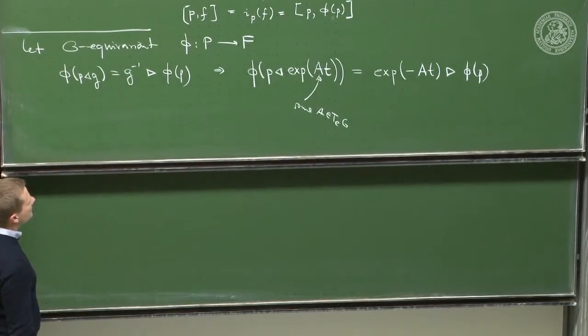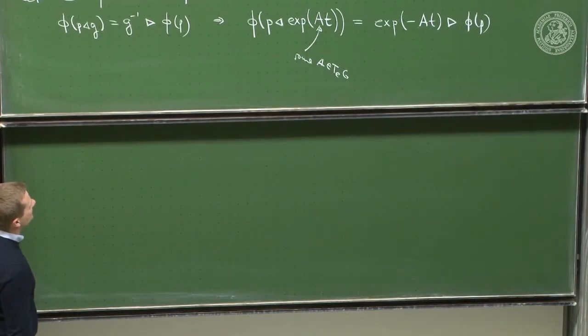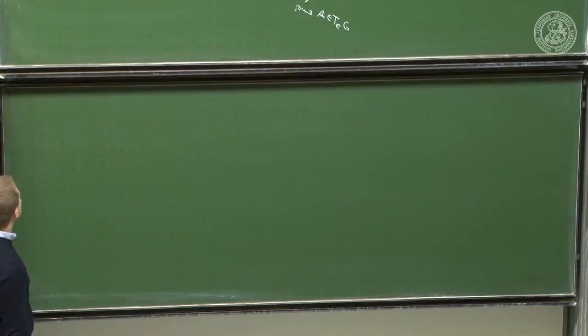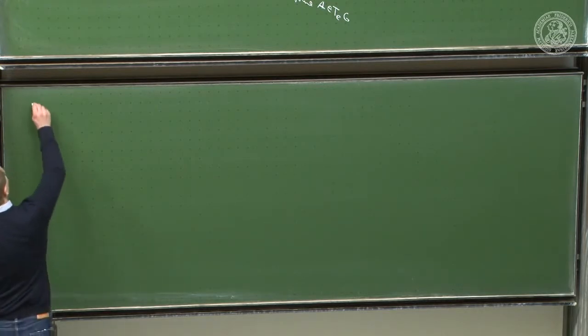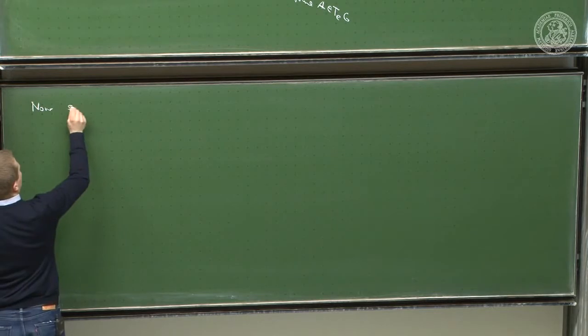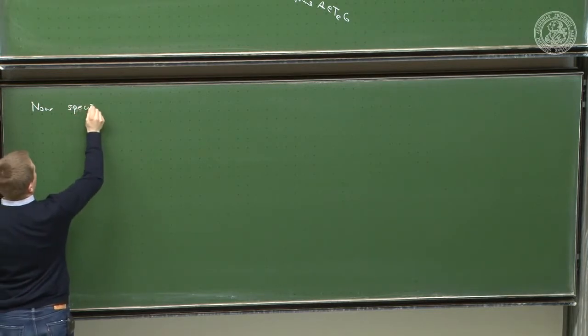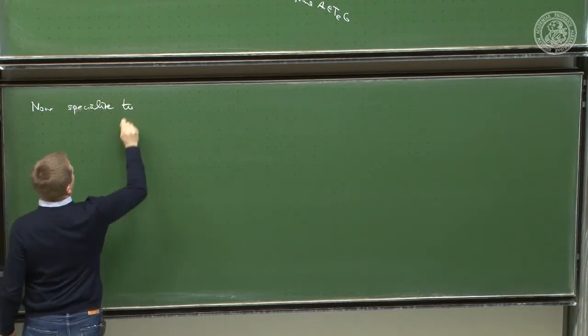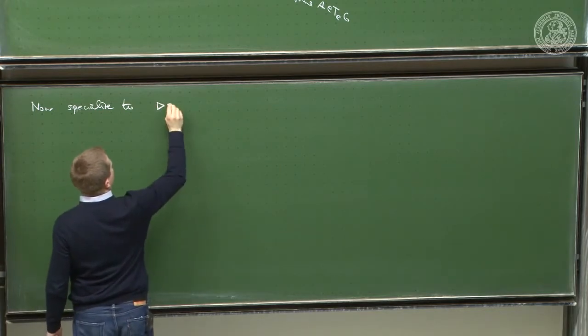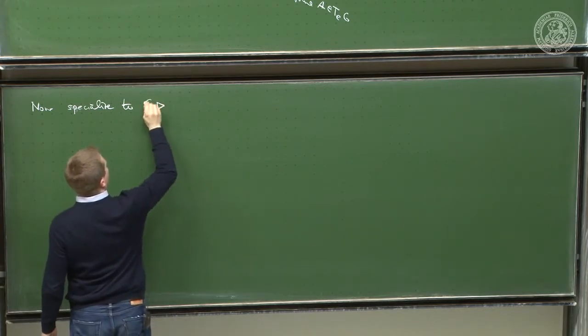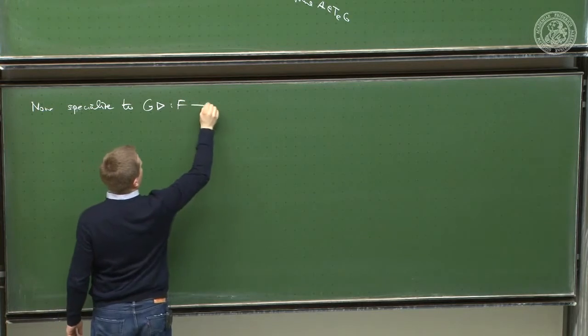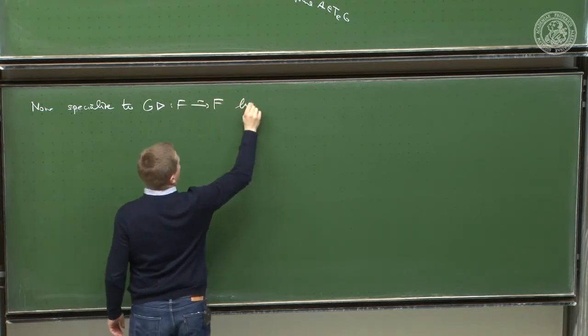So what do we want to do with this? Well, we want to look at the derivative of this. And what we're also going to say now is that we look at linear left actions. That will be important. So now we specialize to the left action by G from F to F being linear.